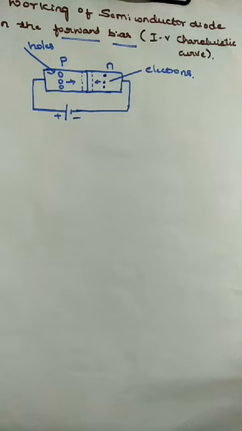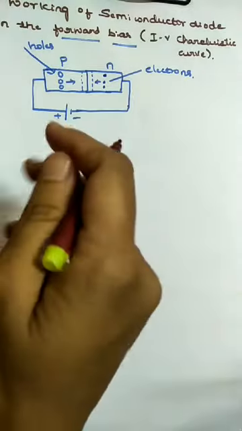As the biasing potential increases, the current increases sharply. Let us see the nature of the graph, that is the IV characteristics.